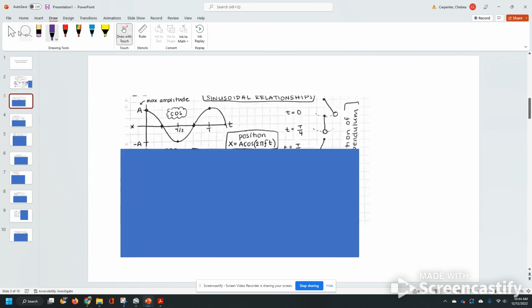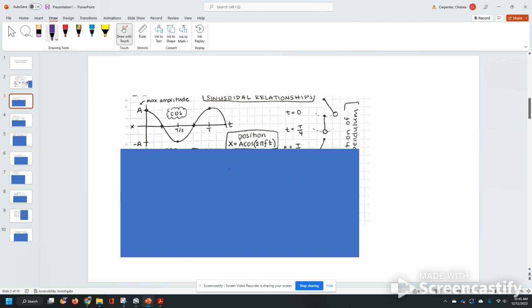And I'm going to go kind of fast, so again, feel free to pause and copy the notes down. What happens in this scenario is we end up with a sinusoidal relationship for position, and then we'll see velocity and acceleration as well.